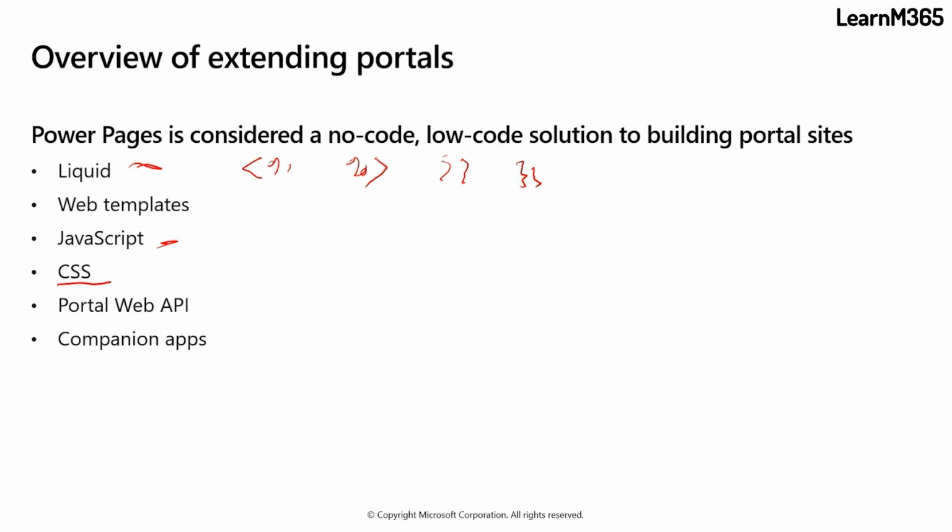Okay. Some more points I would like to add on. Some situation might occur where custom code is required to create or update data in Dataverse without submitting the table form or web form.